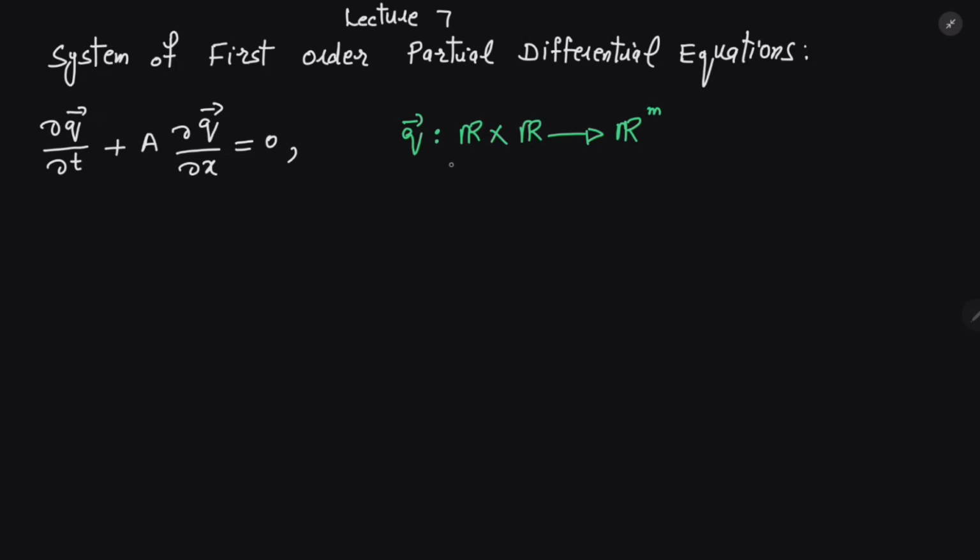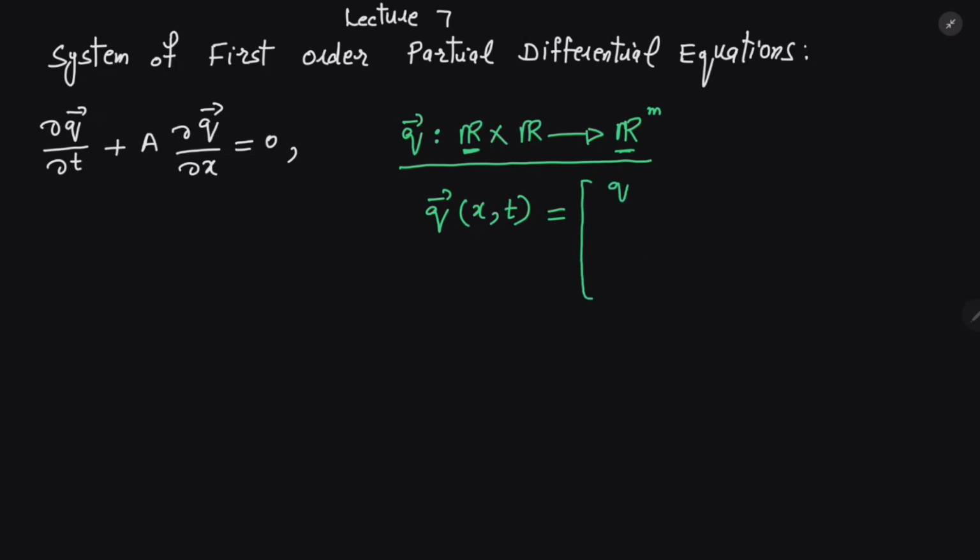Here, the Q under this definition will be written like this: Q from R. For R, we have x and t, since Q depends on t, and the output is a vector in R^m.